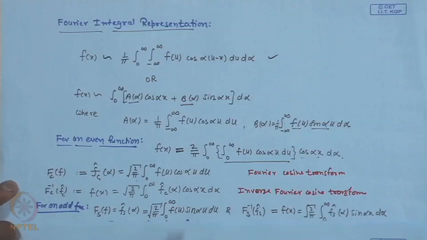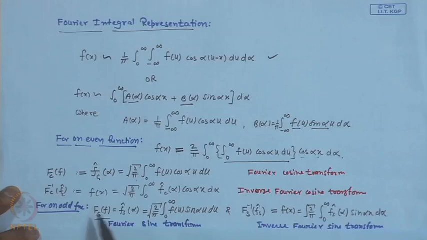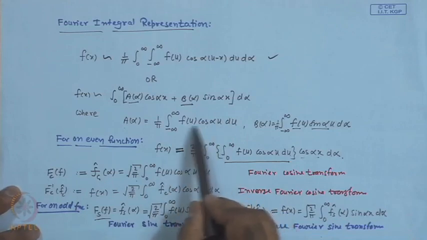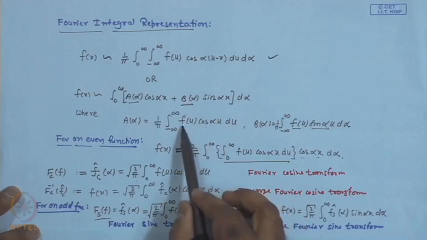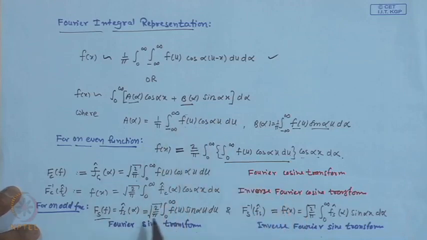Similarly, for an odd function, we have the Fourier sine transform of f(x). This is the notation for the Fourier sine transform, and we denote this integral by f hat s(alpha). For an odd function, the cosine integral is going to be 0, because the integrand is odd, and we have only this b(alpha). Then, as we have done for the cosine, the inverse Fourier sine is square root of 2 over pi, integral of f hat s(alpha) sin(alpha x) d alpha.